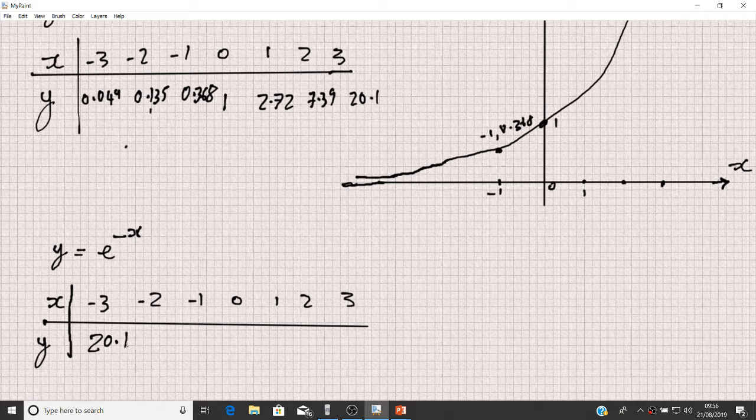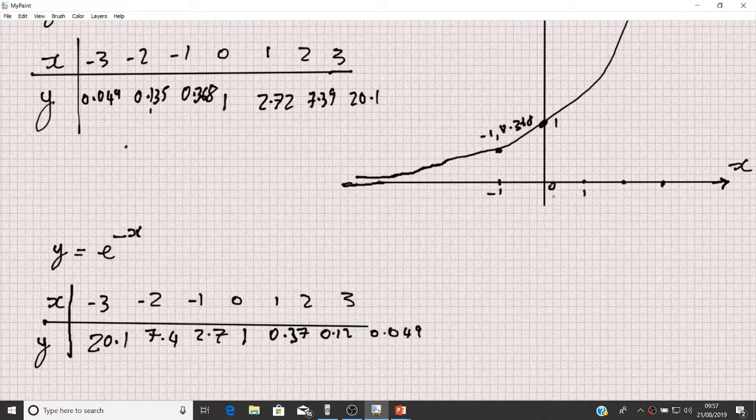So 20.1, 7.39, 7.4, 2.7, and again it crosses the y-intercept when y equals 1, 0.37, 0.12, and finally 0.049.